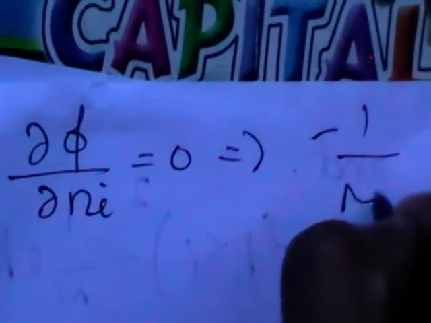Here we are going to find the expression for Ni. What is the last expression you got? As dou phi by dou Ni is equal to 0, you will get minus 1 by Ni square, you won't get sigma, Ni square Si square by n square, plus lambda is equal to 0.